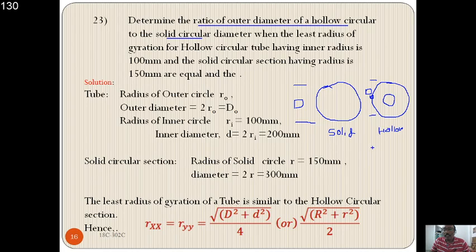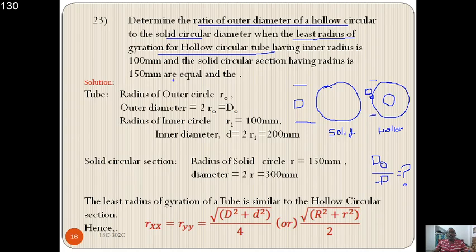Now he is asking about the hollow to the solid, that means D naught divided by D. So he is asking what is the ratio of D naught by D. In this particular question, he is asking the ratio of outer diameter of hollow circular section to the solid circular diameter.